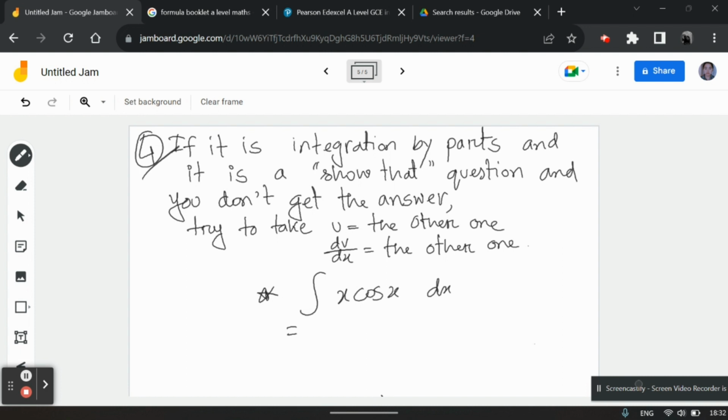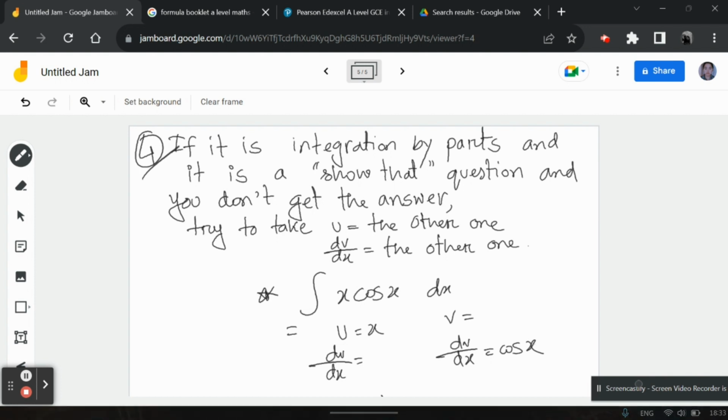So normally for integration by parts, we take u is equal to x and dv over dx is equal to cos x. Then we find v and we find the derivative of u.